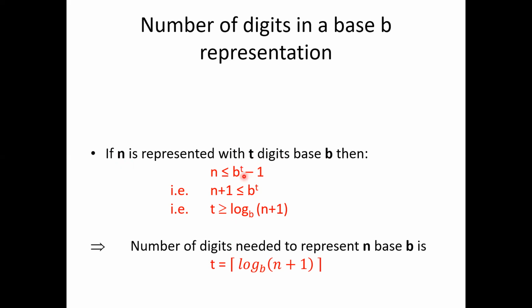Rather than compute n as a function of the base and the number of digits, I want to compute the number of digits t as a function of n and the base. So I put this on this side and I take logarithms. t is at least the logarithm base b of n plus 1. And since t has to be an integer, I have to have an integer number of digits, I have to take a ceiling, because this is not guaranteed to be an integer.